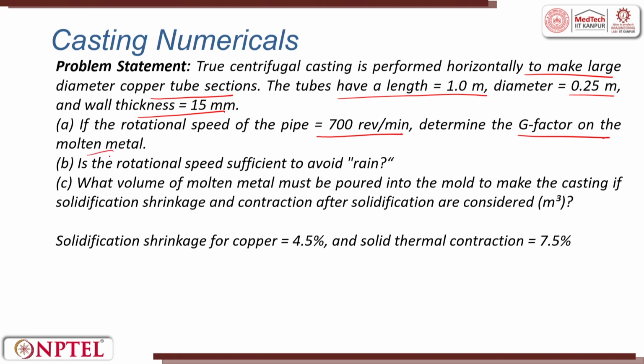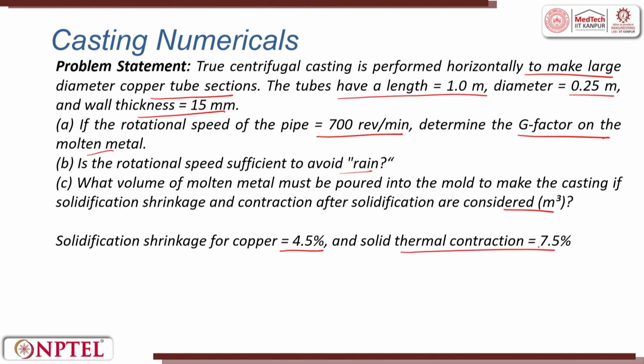This is part A. Part B is the rotational speed sufficient to avoid rain? Part C: what volume of molten metal must be poured into the mold to make the casting if solidification shrinkage and contraction after the solidification are considered? Solidification shrinkage for copper is 4.5%, that is given, and its thermal contraction is 7.5%.